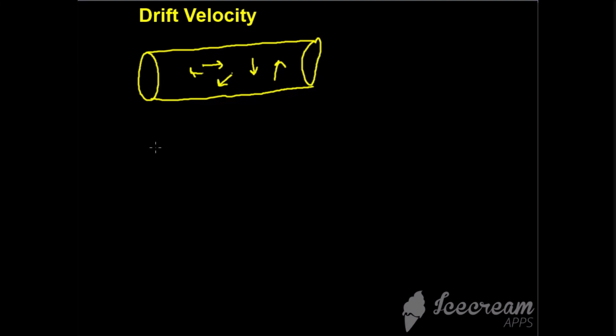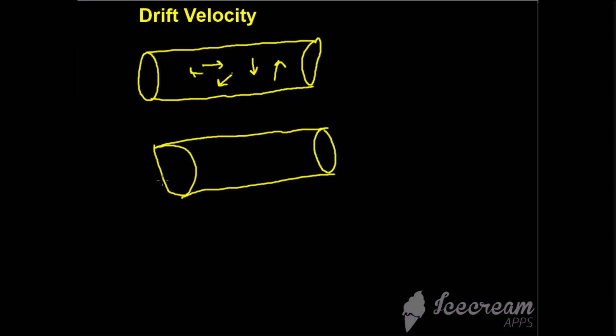But when an electric field is applied, see here, I use the same conductor. So this is again a conductor. Here I draw a conductor. And when a battery is connected, so there is a battery, with positive terminal and negative terminal.